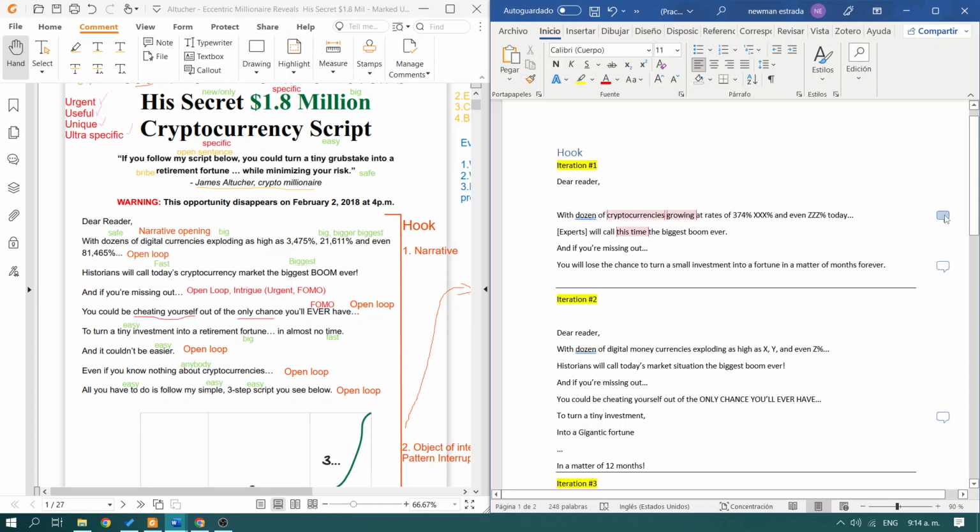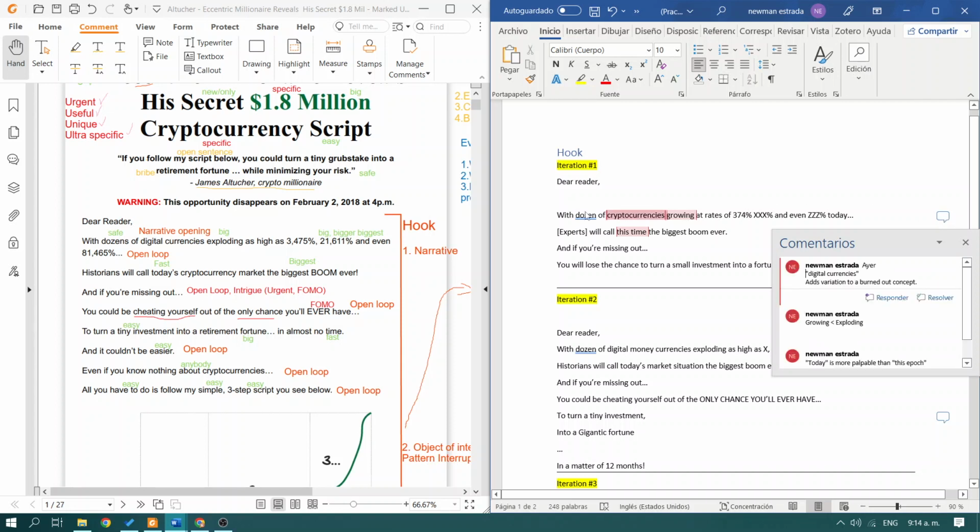What are they? I wrote, with dozens of cryptocurrencies growing at rates of blah blah blah today, experts will call this time the biggest boom ever. And he wrote, with dozens of digital currencies exploding, right? So he writes digital currencies and not cryptocurrencies.